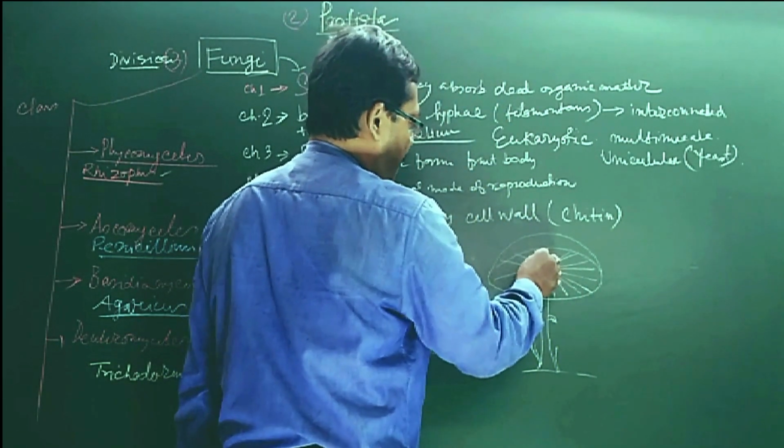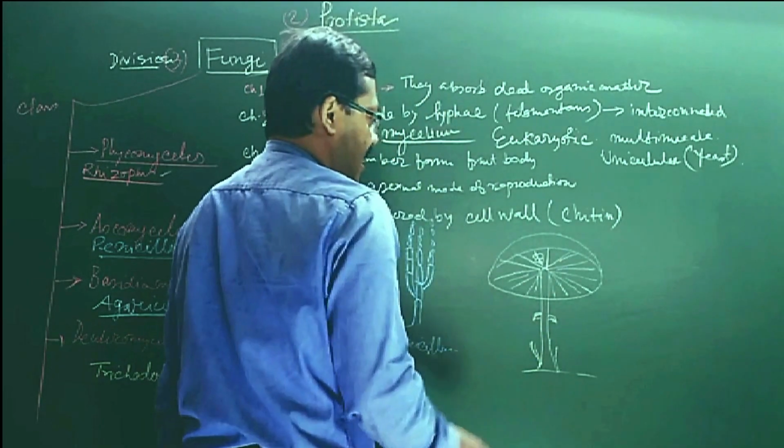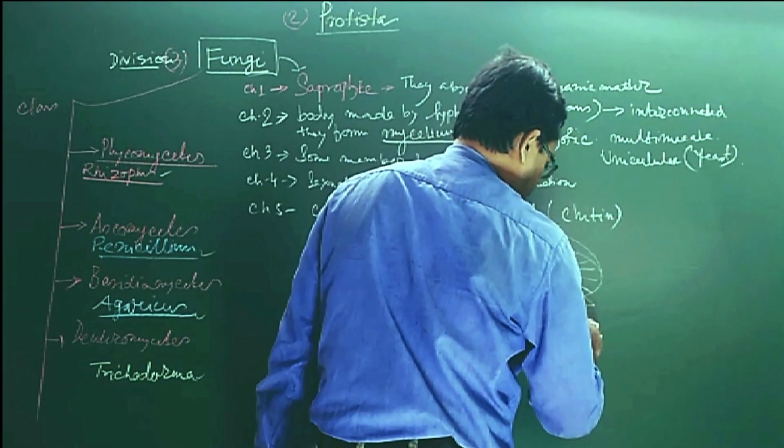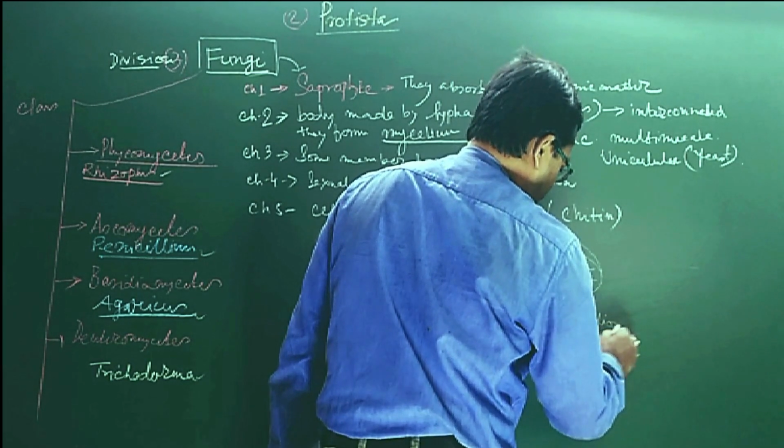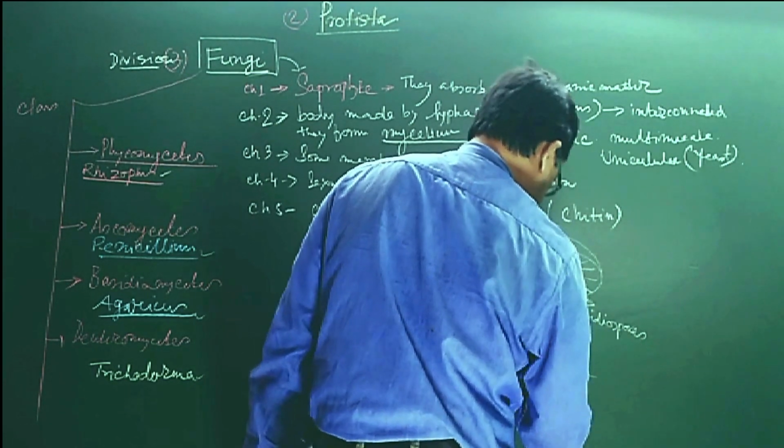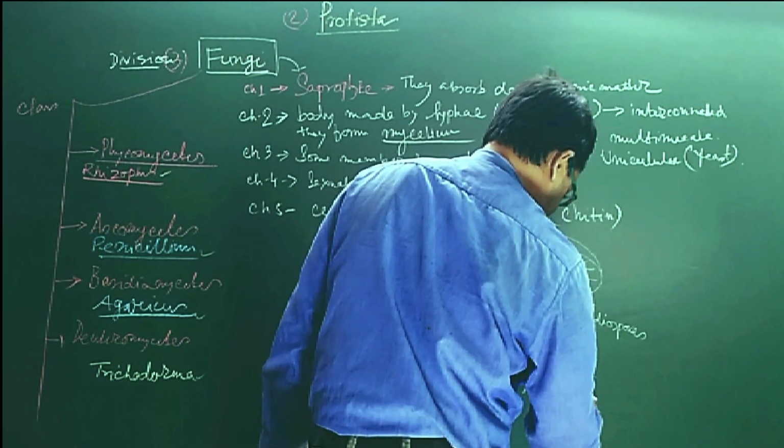In this area, the spores are developed. The spores are basidiospores. This is Agaricus.